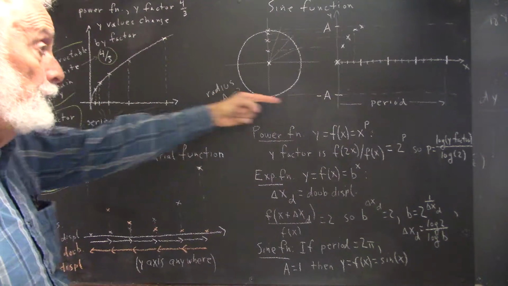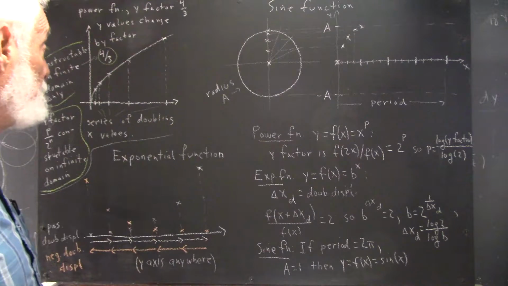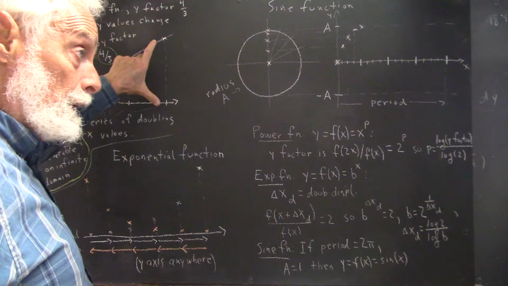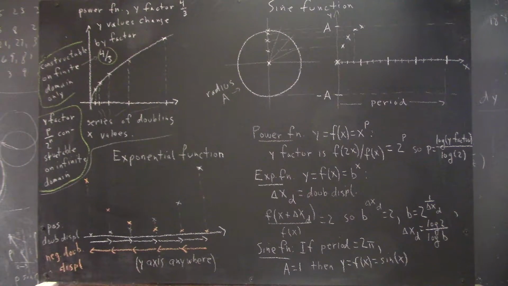But I can't continue it from here on, not with geometric construction. I can't construct a line that's 4/3 the length of this one. So, this is constructible only on a finite domain.